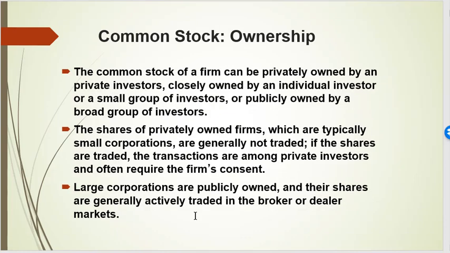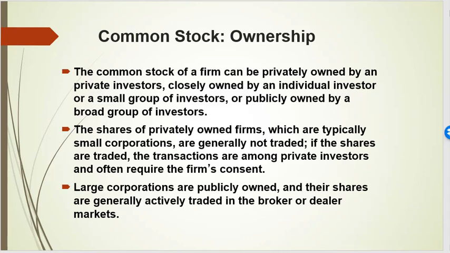Now, the common stock of companies can be classified many ways. It could be privately held or publicly held. It could be closely owned by an individual or a group of investors, or in the case of publicly held, it could be owned by thousands of investors, maybe even tens of thousands of investors. Now, the shares of privately owned firms, which are usually small corporations, are just not traded.